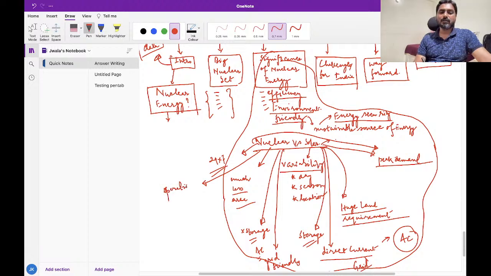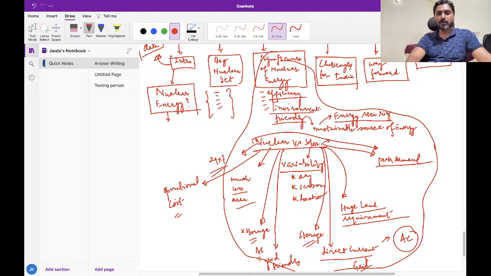Operational cost is low, so that is an advantage. In solar, yes, the operational cost might be low, but the maintenance cost could be high. So these are some of the significance of nuclear energy.